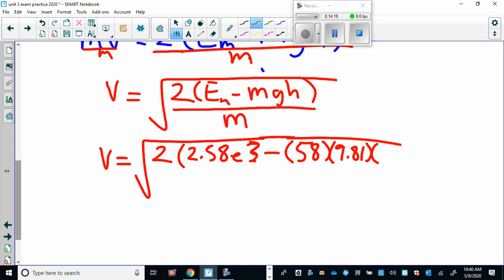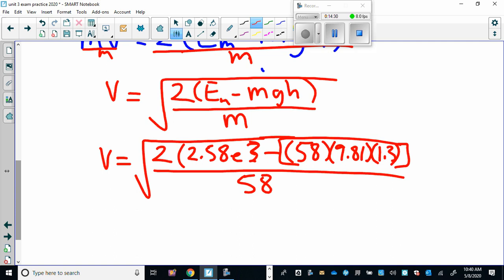And the height, is it 1.3? Otherwise, you have to put that whole thing in brackets, divided by 58. So that will give you the answer. Just make sure you put it into your calculator correctly. And personally, I would do that in multiple steps on my calculator.